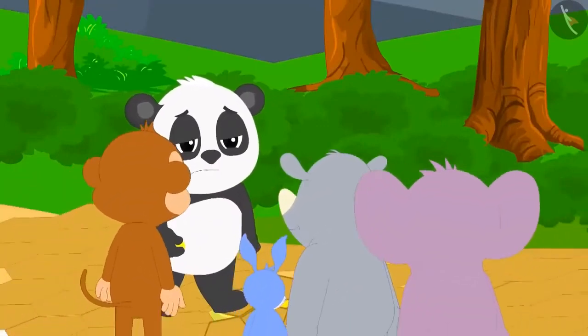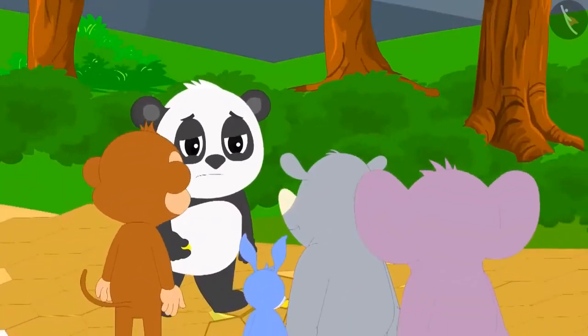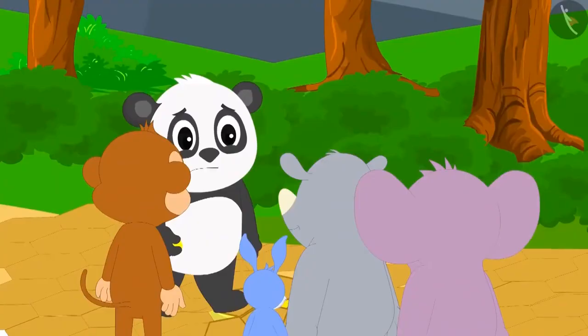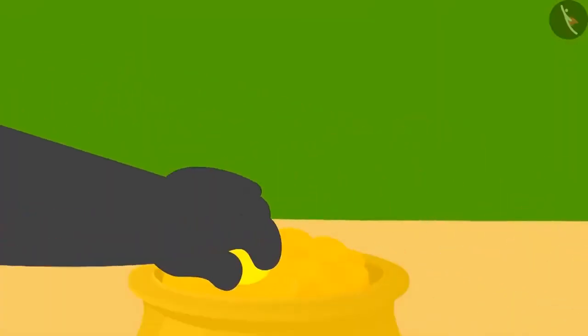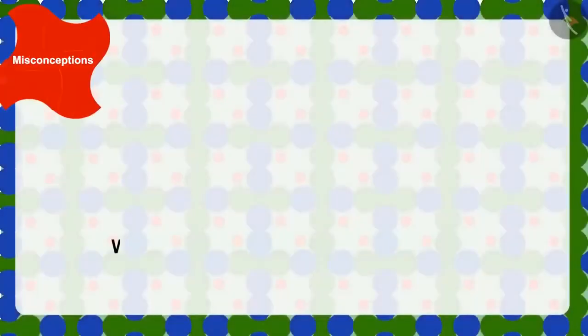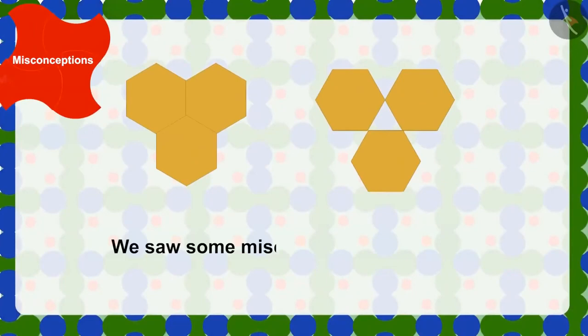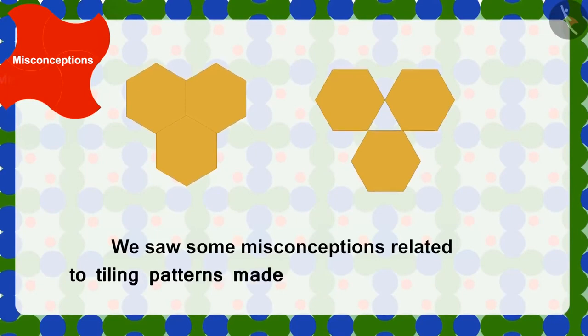In the morning, a big crowd had gathered around Golu, and he had to share the treasure with all those people. Children, we saw some misconceptions related to the tiling pattern made from different shapes.